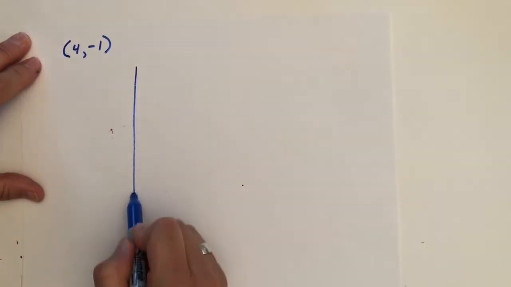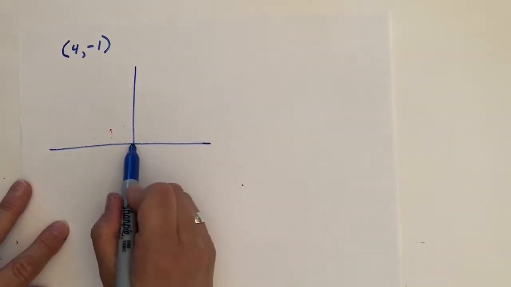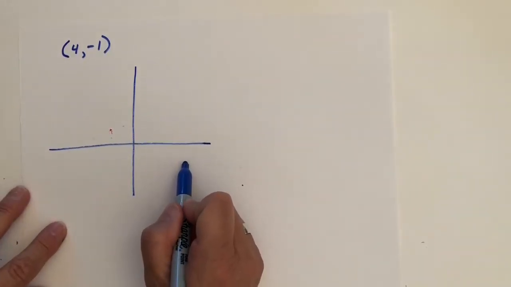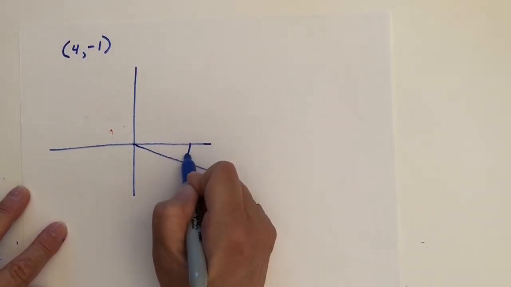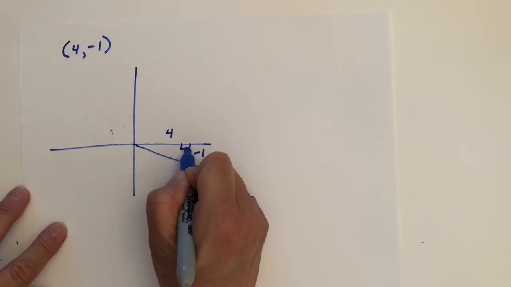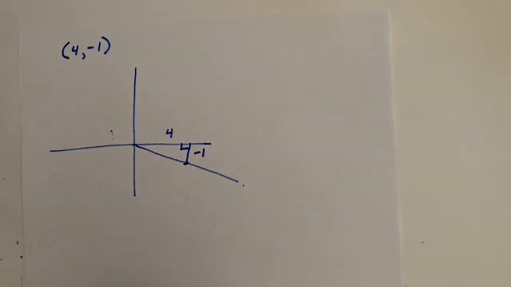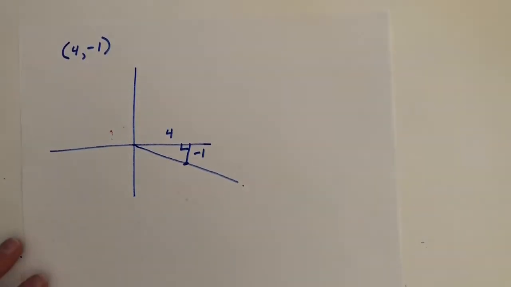So here's our problem this time. (4, -1) is down here in the 4th quadrant, where this is 4 and this is -1. Could have drawn it a little bit better so my triangle would be bigger.